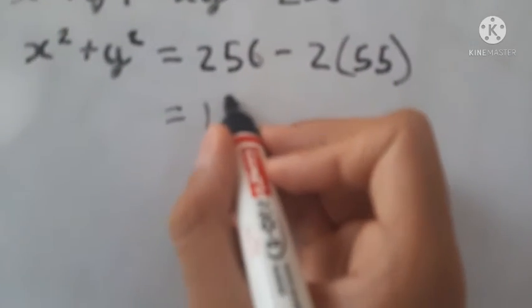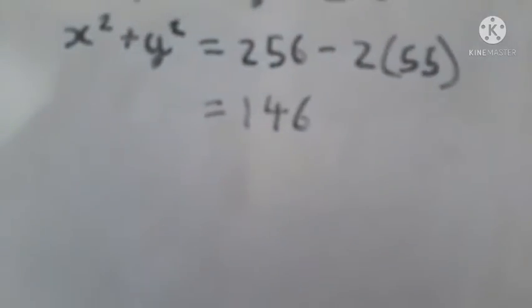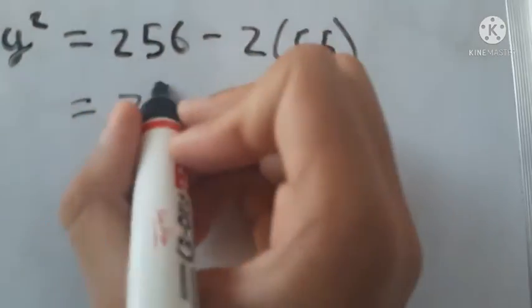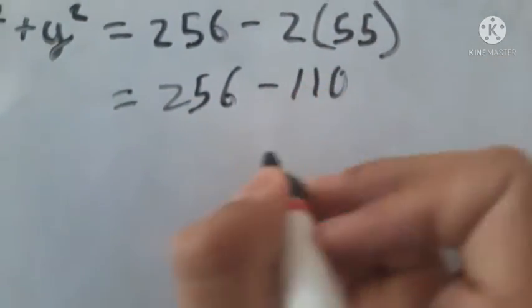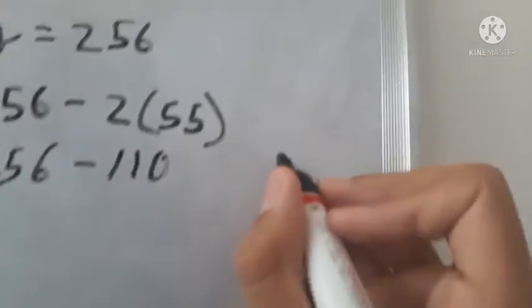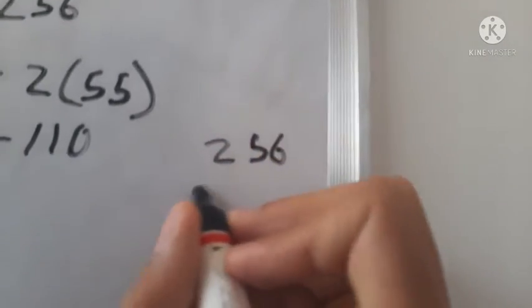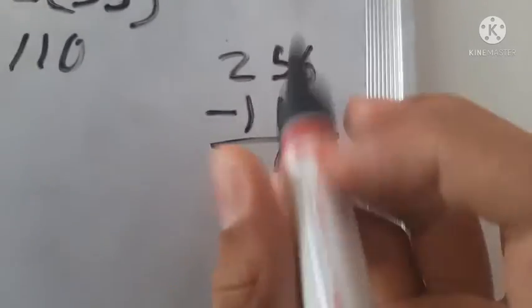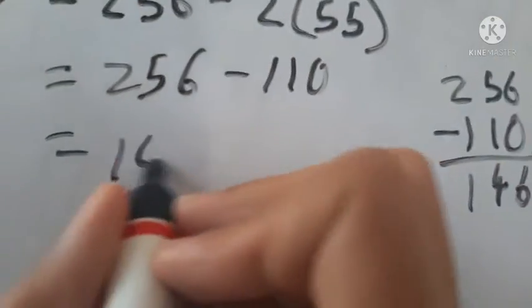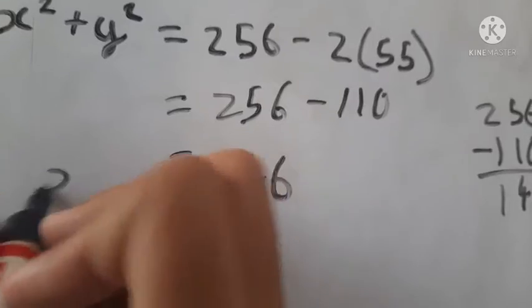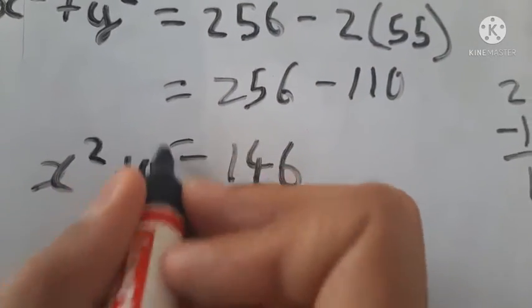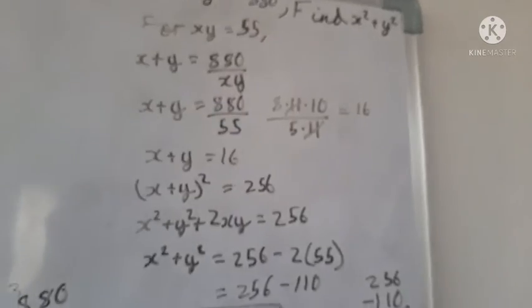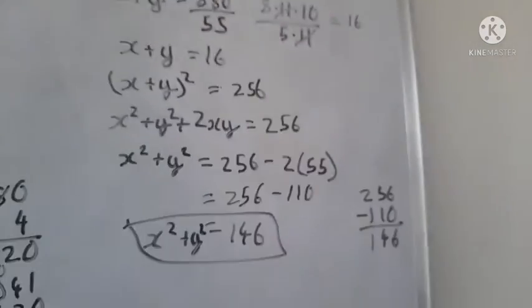So we get 256 minus 110, which is 146. That's for one of the solutions, xy equals 55.